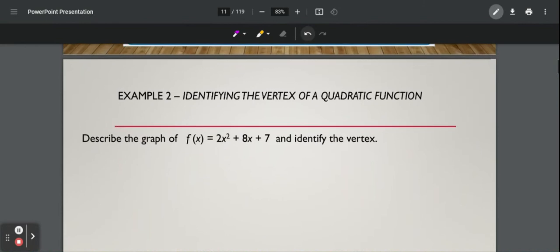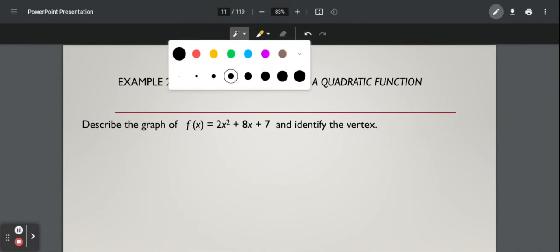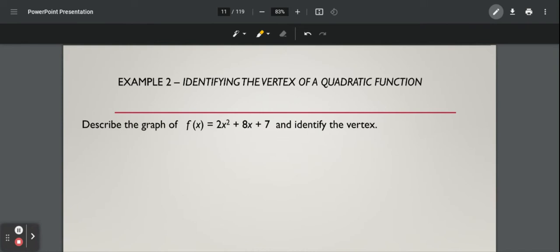Now, in order to identify the vertex, we have to put this into standard form, which is going to require us to complete the square. So to complete the square, we're going to keep the f of x, and then we're going to group this part with the x's together. And we need this x to have a leading coefficient of 1.